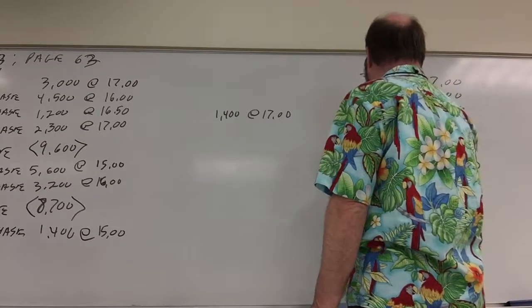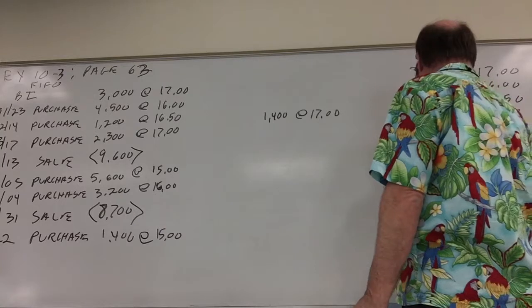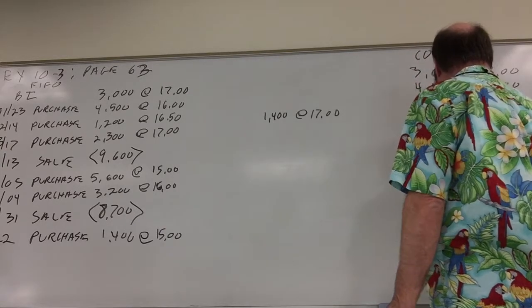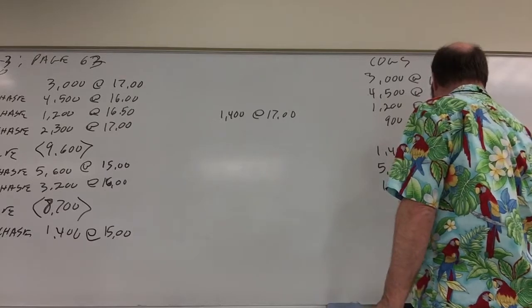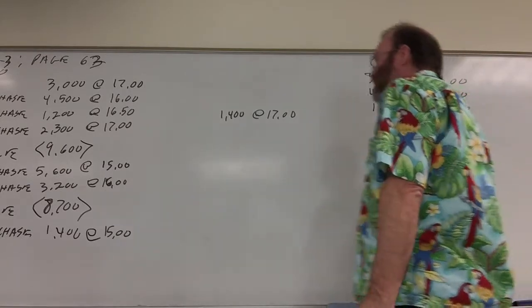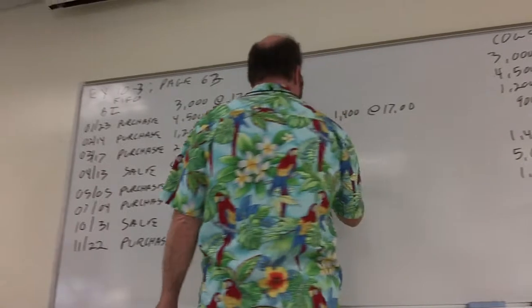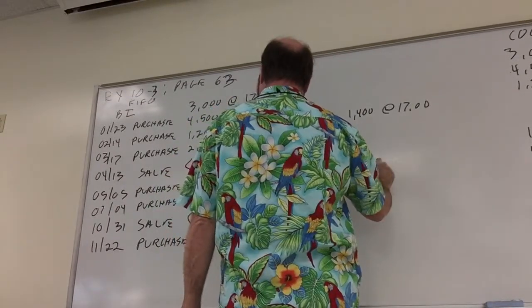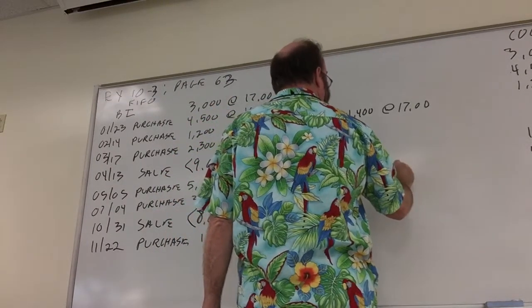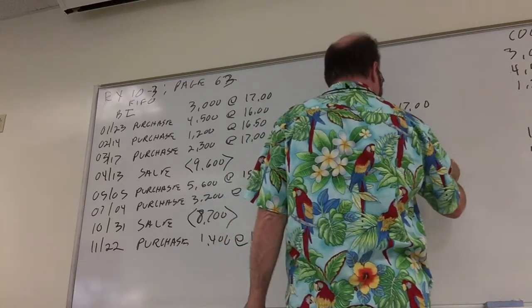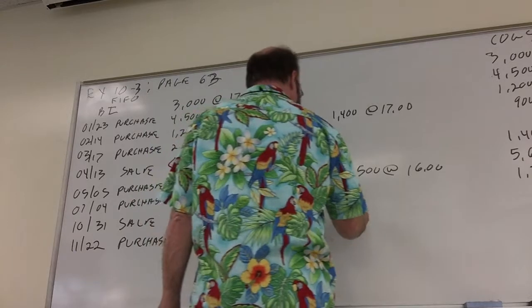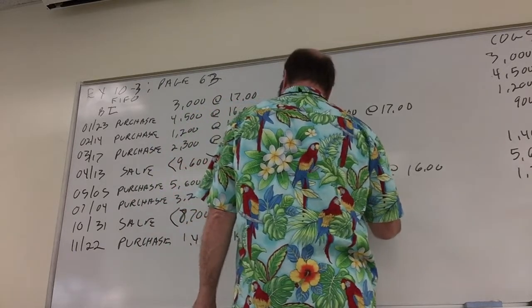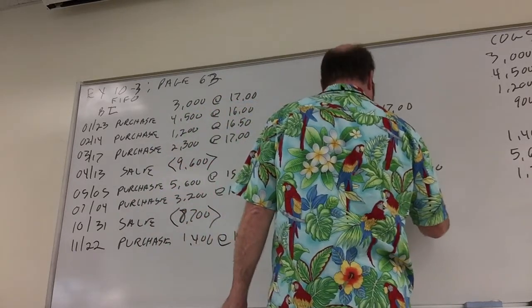And that's 7,000. So we have 1,700 left to sell at 16. Leaving us with 1,500 at 16. And then we're going to add the last purchase of 1,400 at 15.